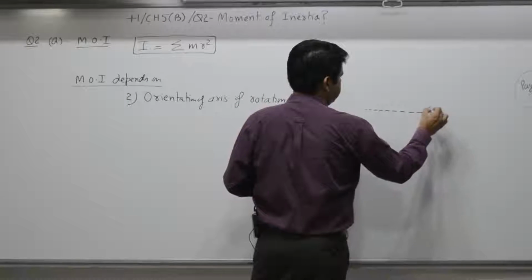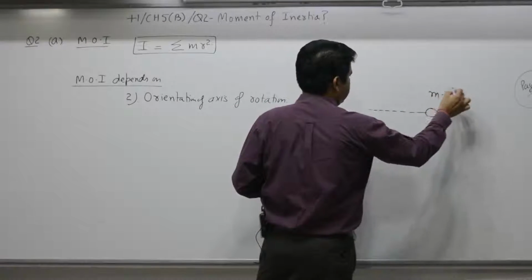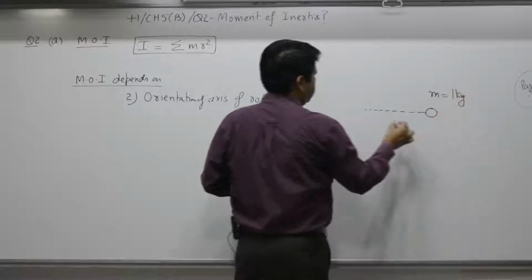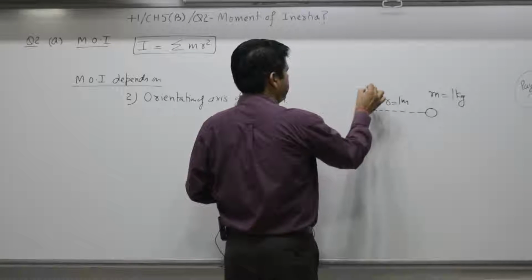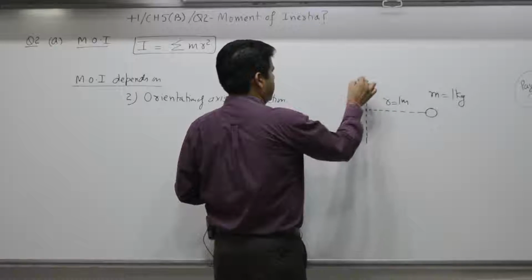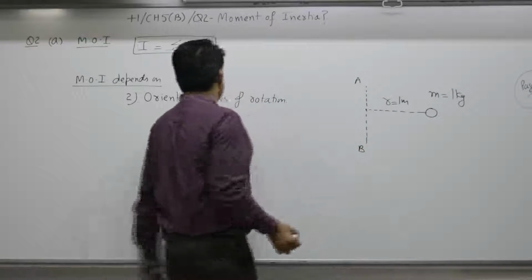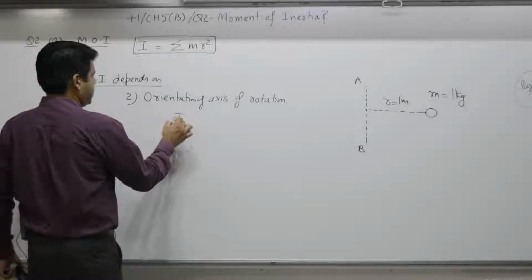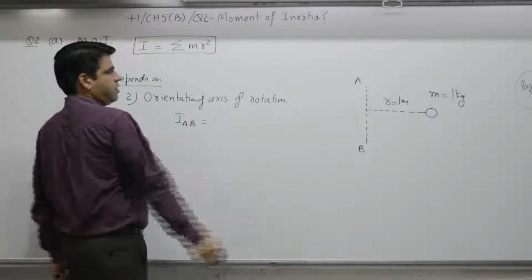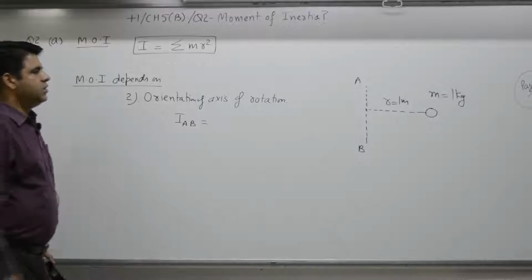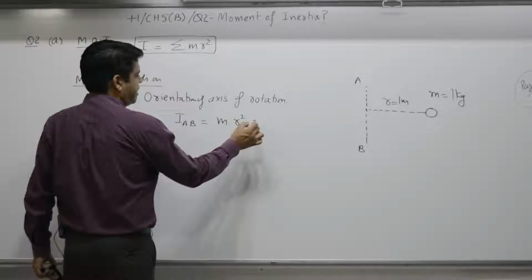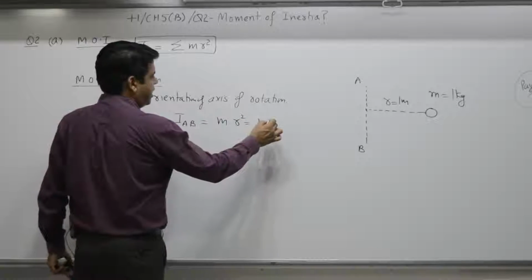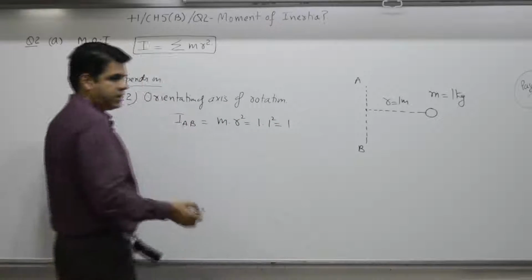Only one object, mass 1 kg, distance r 1 meter. Find its moment of inertia about AB. How much? Mass m, r square. M is 1, r is 1, so the answer is 1.